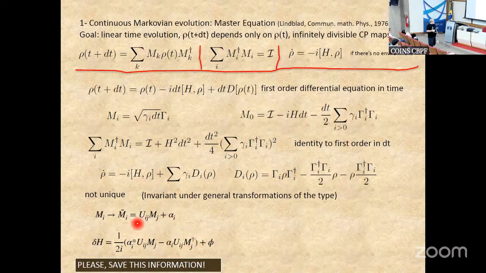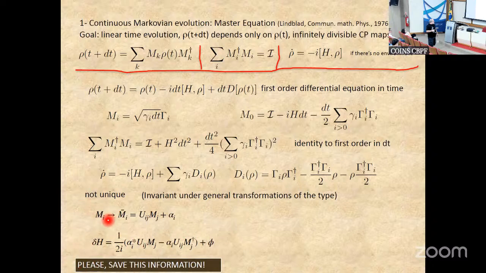Okay. And if I do this, I will change this part of the equation to a new format like this, except that there will be an extra term that looks like a Hamiltonian. So it's a kind of Hamiltonian correction of this form, okay?